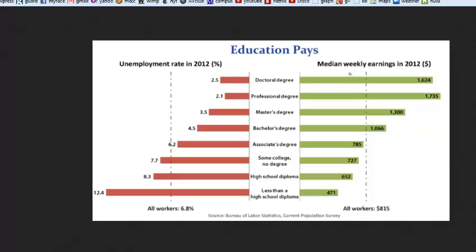This means half the people in 2012 were bringing home more than $815 a week, and half the people in 2012 were making less than $815 a week. And look at this. Source, Bureau of Labor Statistics. Hey, that's pretty nice. It's a government agency. Possibly more believable. They probably have a lot of data that they crunched down for this.